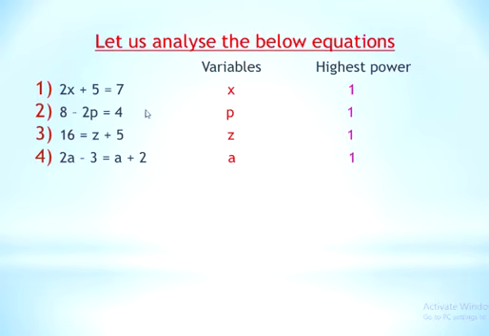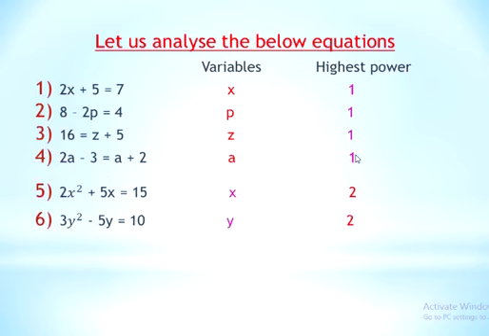In the same way, in 8 minus 2p is equal to 4, the variable is p and its highest power is 1. In 16 is equal to z plus 5, z is the variable and its highest power is 1. In 2a minus 3 is equal to a plus 2, the same variable is on both sides, so only one variable, that is a, and its highest power is 1.